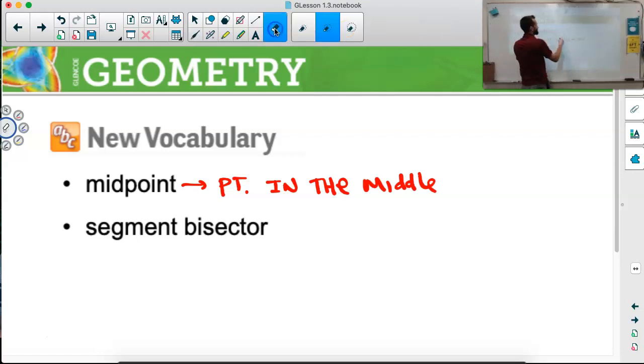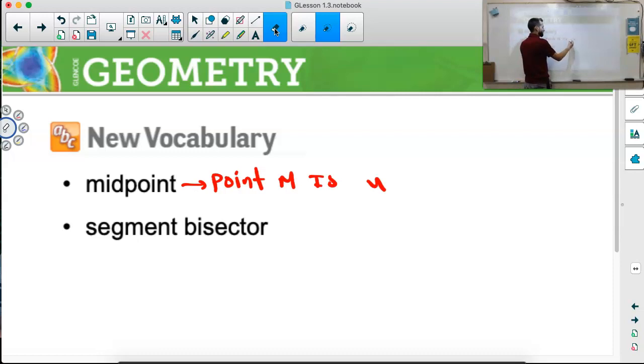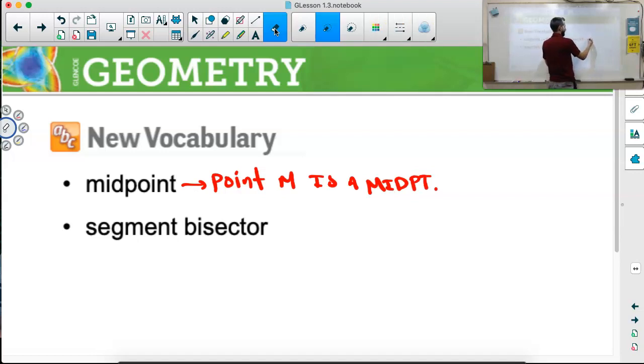If I was to give you a really formal definition, it is a point, we'll call it M, is a midpoint of a segment.